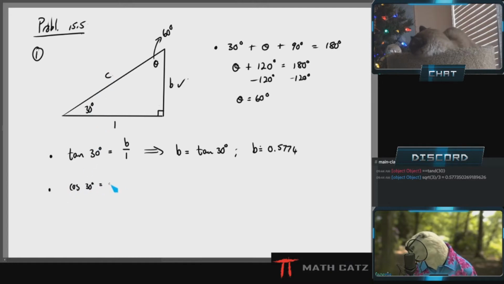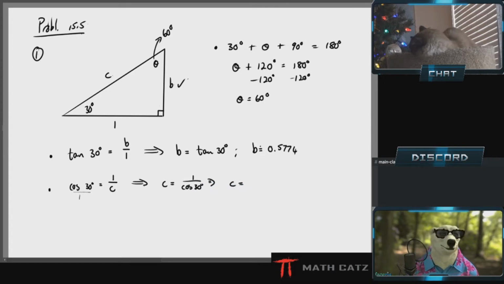So now this is adjacent and hypotenuse, so that's cosine 30 equals 1 over C. Now many ways you could do this. You could see it as a ratio equation here. You can multiply both sides by C and divide by cosine 30. Regardless, you get C equal to 1 over cosine 30 degrees.